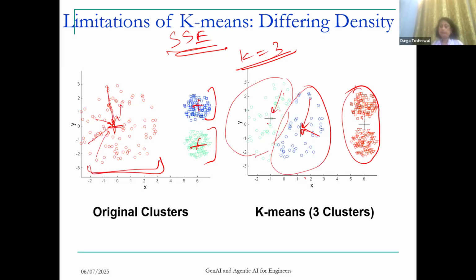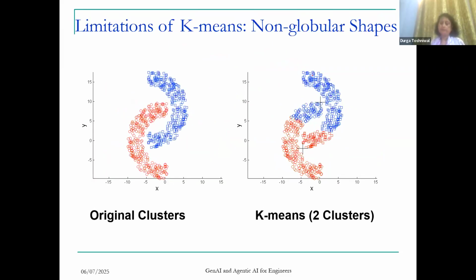In this way, the SSE gets reduced in k-means. So this is actually a suboptimal clustering, but this is the way it happens when k-means is applied to data having different densities.